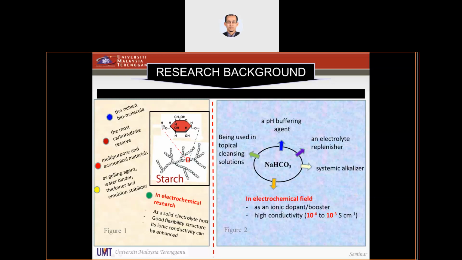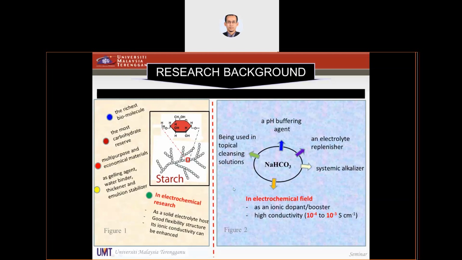Interestingly, previous work has shown that polymers based on sodium bicarbonate as a membrane possess very good, high ionic conductivity, from 10 power of -4 to 10 power of -3 Siemens per centimeter, making this hybrid membrane interesting for advanced explorations.